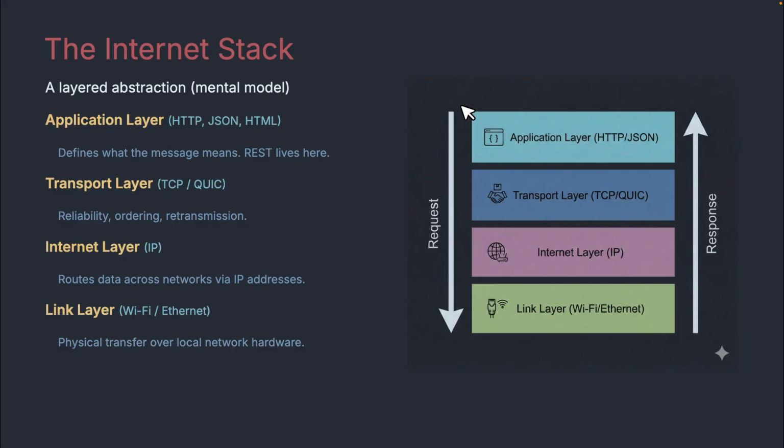The request will travel through all these layers, move physically to the server, whatever we actually need, and the response will travel back to our user in the other direction. It starts from the link layer to the internet, transport, application. And that's pretty much how requests and responses move through the system.